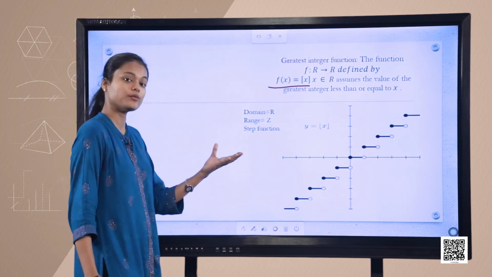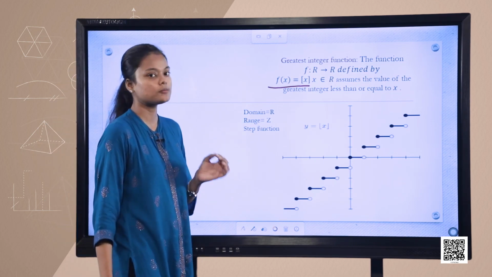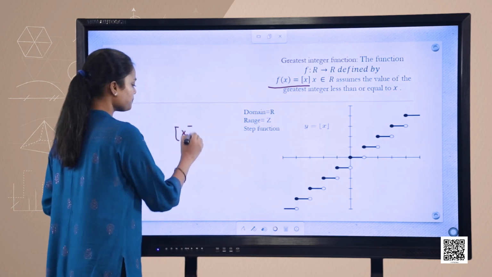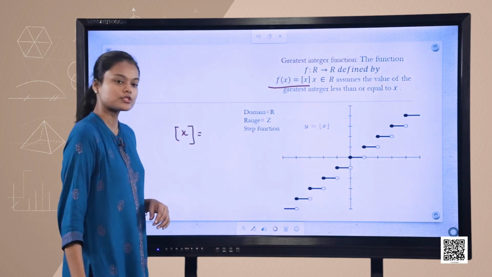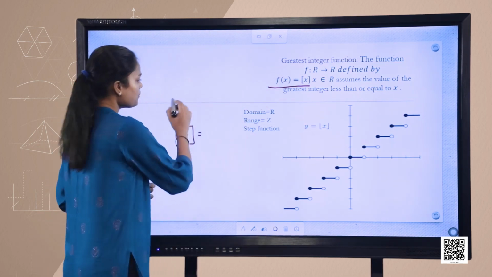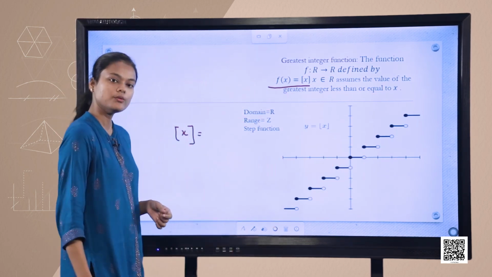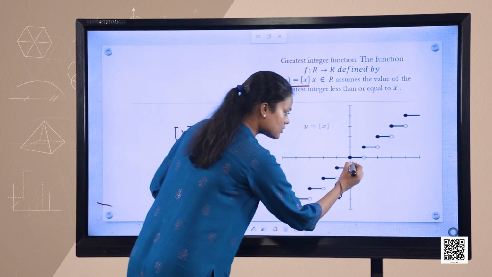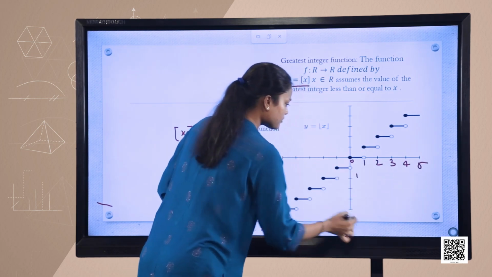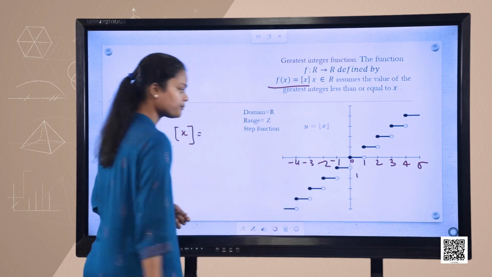Domain: it is clear that we are finding the image of each and every real number, so the domain will be the set of real numbers. Let us study what the definition says. First, we are going to break the real line into parts. This is 0, 1, 2, 3, 4, 5, and negative 1, negative 2, negative 3 and negative 4.